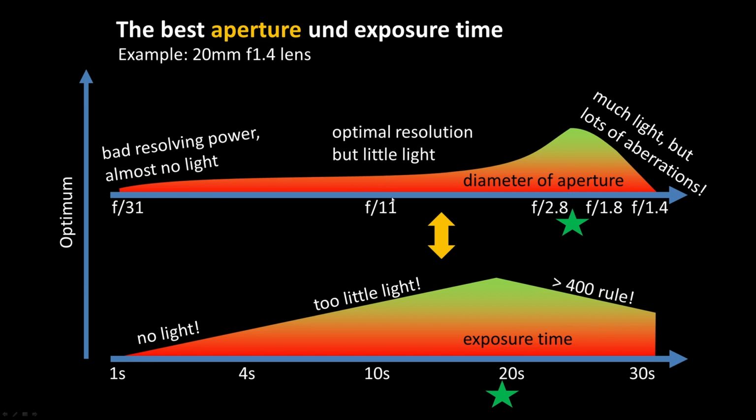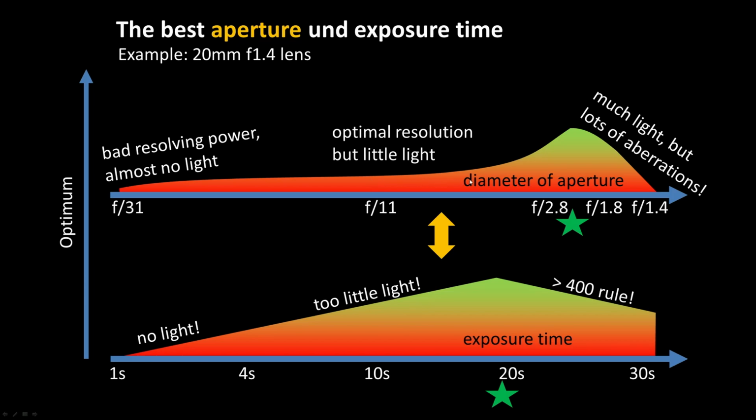At f11, that lens would have optimal resolution, but at f11 the hole in the lens is still very small and I have very little light coming through. That's not a good setting for photographing the stars.